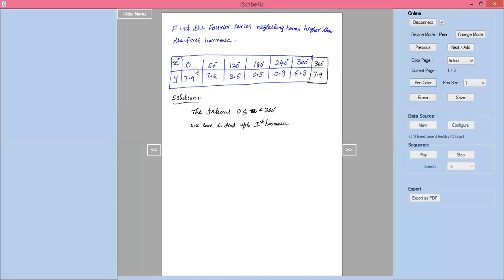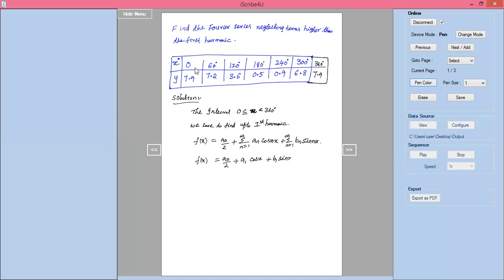The first harmonic is nothing but f of x. The general formula is f of x equals a naught by 2 plus summation of n equal to 1 to infinity an into cos nx plus summation of n equal to 1 to infinity bn into sin nx. Now f of x equals a naught by 2 plus a1 into cos x plus b1 into sin x.